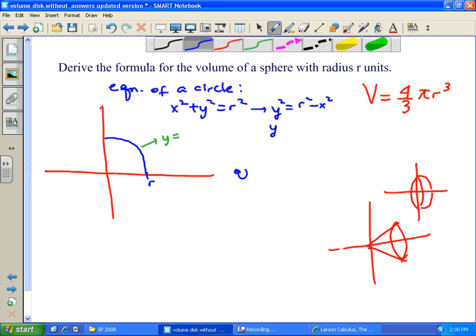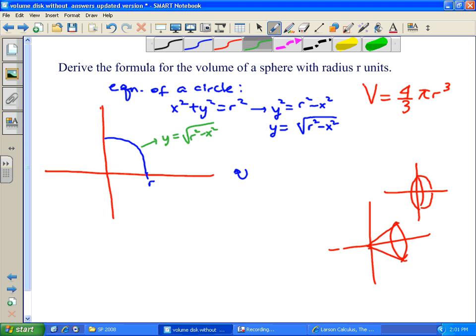And what is y? Technically it's plus or minus, but because we're in the upper part of the y-axis, we can just take the positive one, because we're only dealing with the positive portion of that curve. So positive square root of r squared minus x squared is what we need. Now, we're going to rotate this around the x-axis.